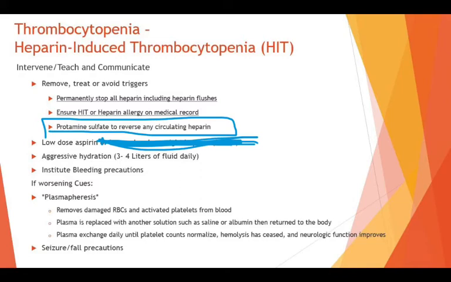They can go on Coumadin, they can go on warfarin, they can go on another kind of anticoagulant, but just not heparin. And again, if the heparin-induced thrombocytopenia is so severe that organ dysfunction is happening, then plasmapheresis is on the table. But it is a very invasive procedure, only used for worsening conditions.